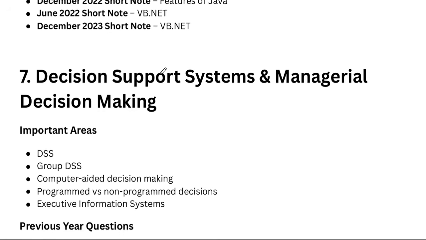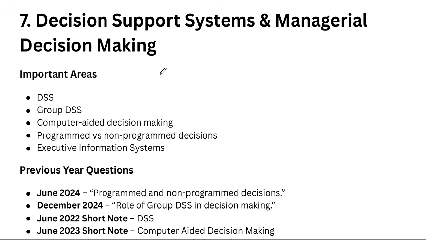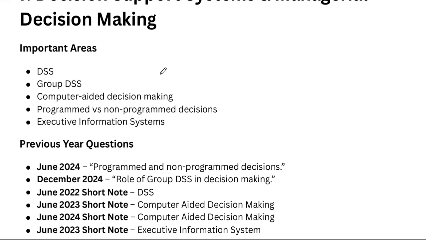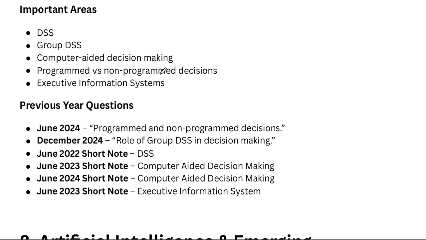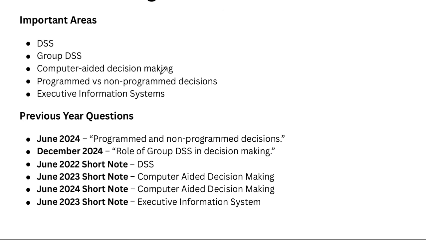The main questions asked are the advantages and disadvantages of outsourcing, what is group DSS, what is computer aided decision making, and what is the main difference between programmed versus non-programmed decisions. These are management oriented questions, so you can answer with definitions, examples, and the merits and demerits.